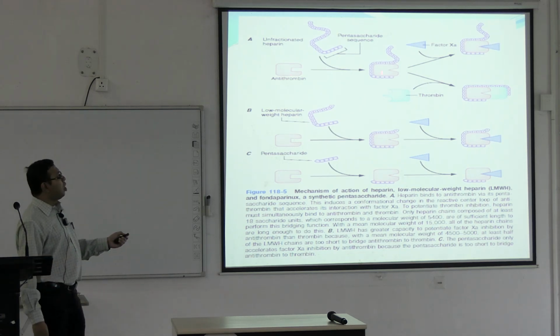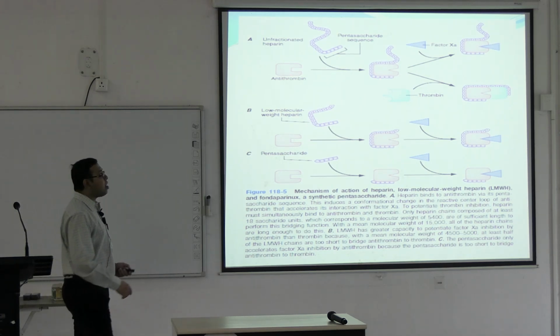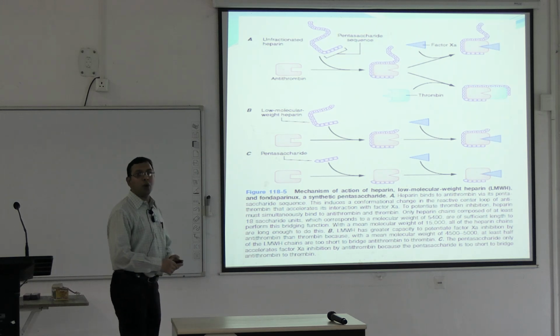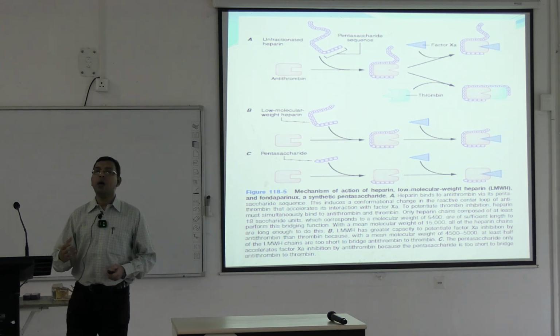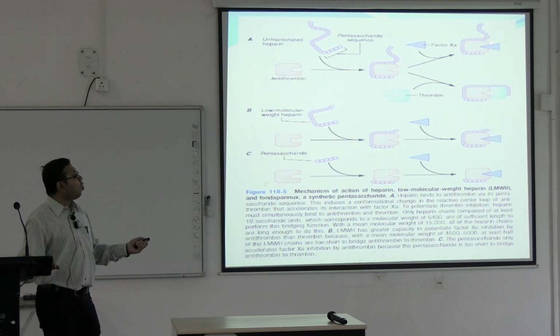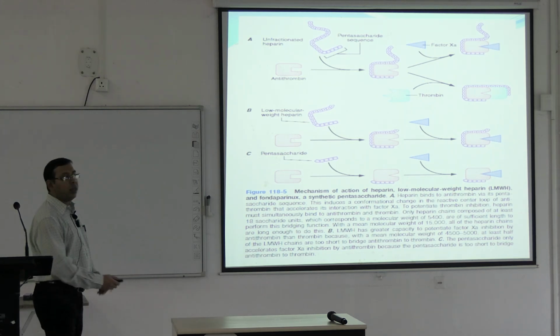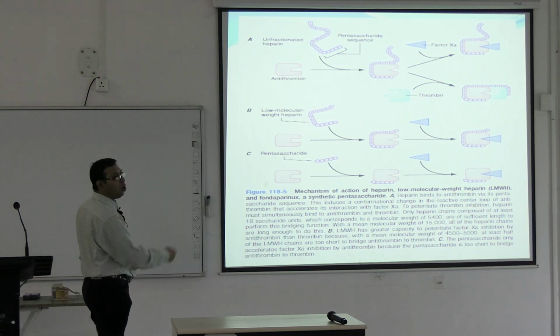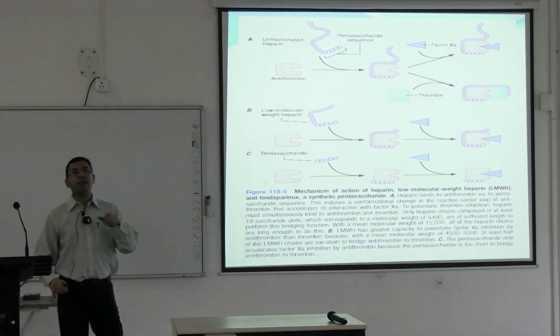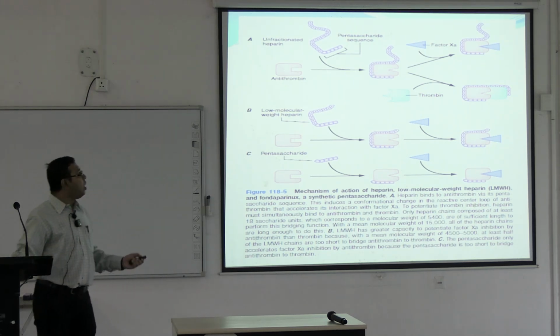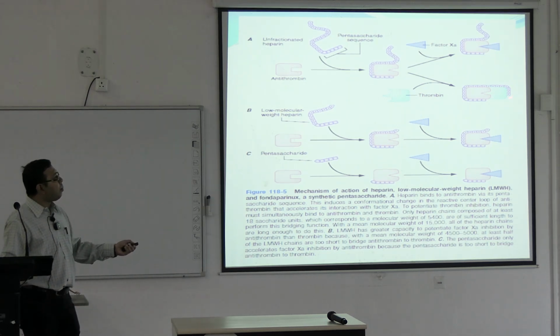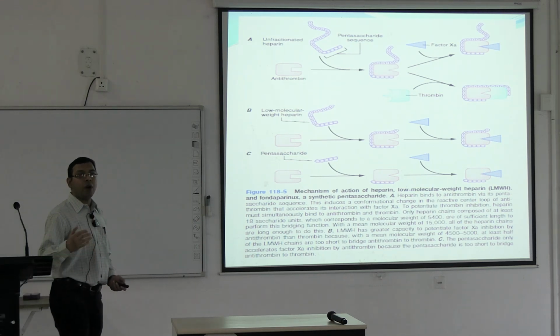When there is a conformational change in this antithrombin molecule, it becomes more prone to attach the factor 10A. On the other side, since these are large molecules, they provide a scaffolding within which thrombin and antithrombin ultimately bind to one another more speedily, more acceleratively.